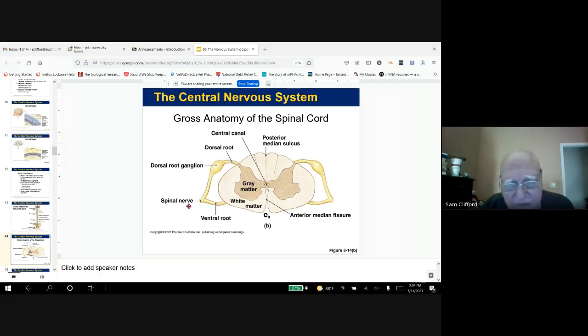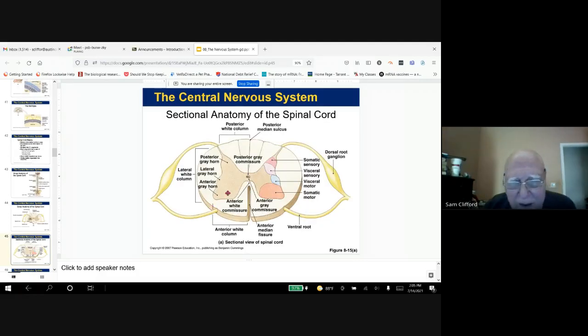So input comes from sensory systems through the dorsal root ganglia into the dark matter or gray matter of the spinal cord, and then the information leaves to cause muscles to contract through the ventral root, and those form the spinal nerves. The spinal nerves contain information carried to the central nervous system and information sent out. So there's a mixture of sensory and motor neurons. Okay, let's keep going.